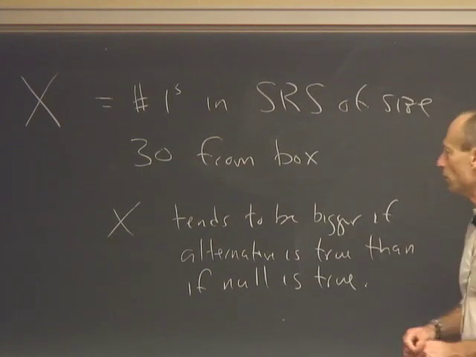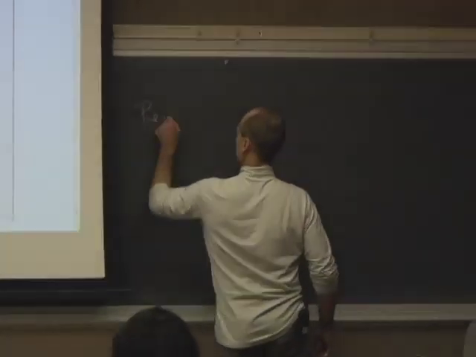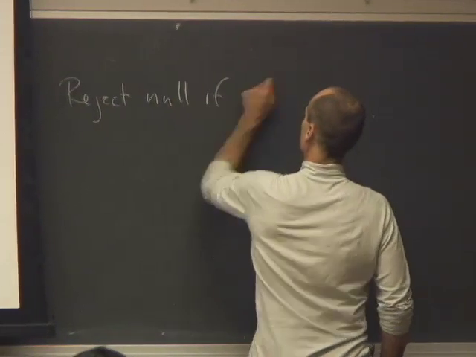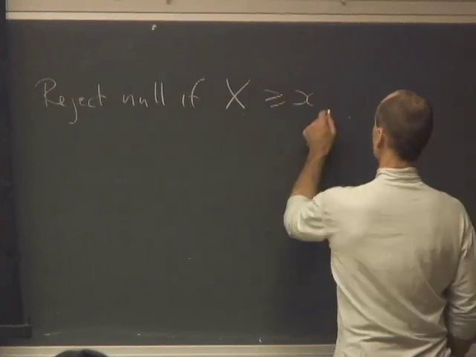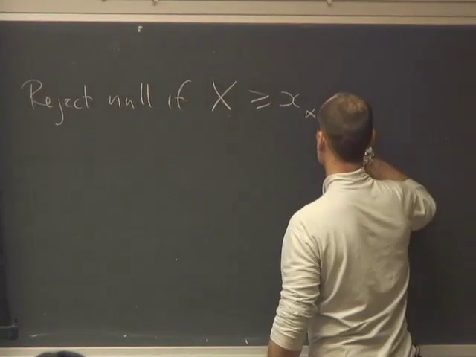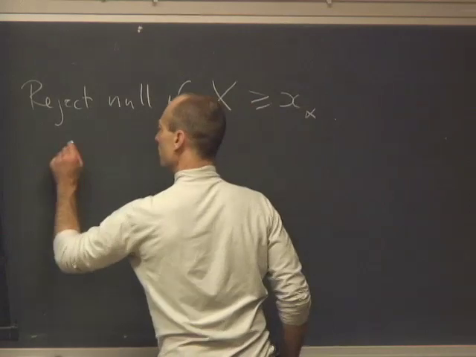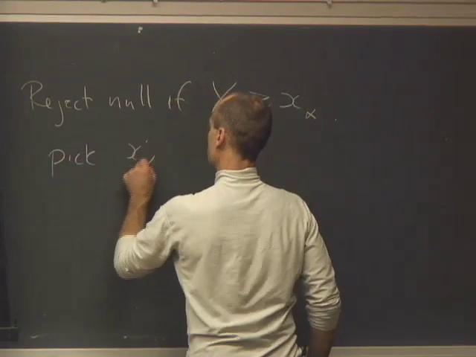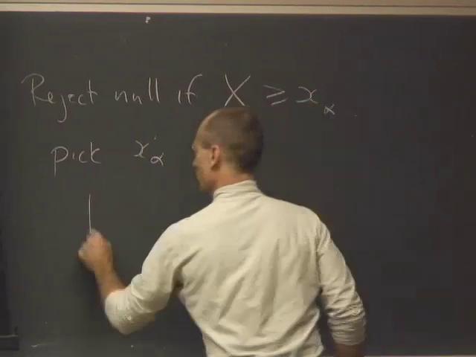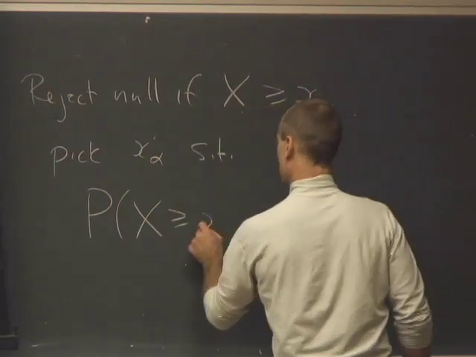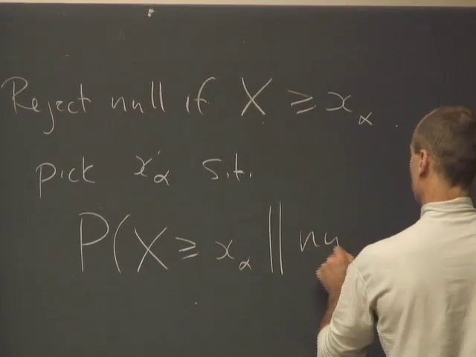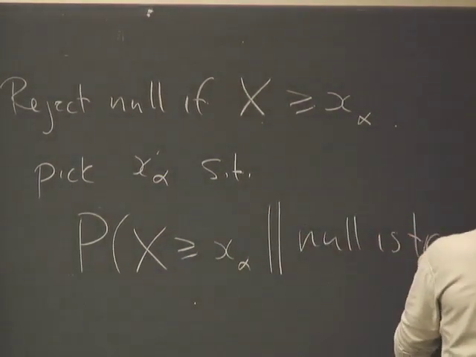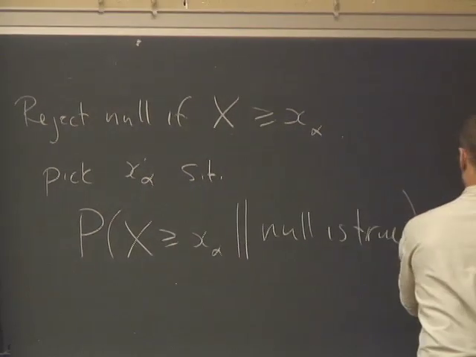So our rule is going to be reject if x is bigger than some threshold x alpha, where we pick x alpha such that the probability that x is at least x alpha, on the assumption that the null is true, is less than or equal to alpha.